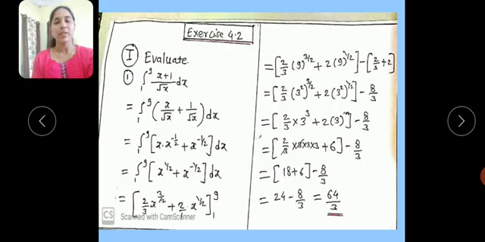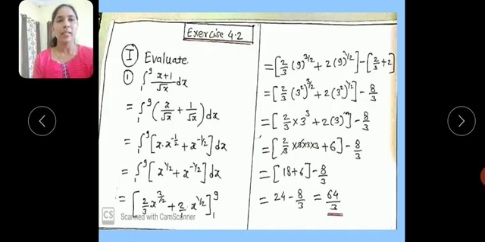by 3 x raised to 3 by 2 plus 2 into x raised to 1 by 2, integration from 1 to 9. Here, next step, taking first the upper limit and then the lower limit. Here the upper limit is 9 and the lower limit is 1.